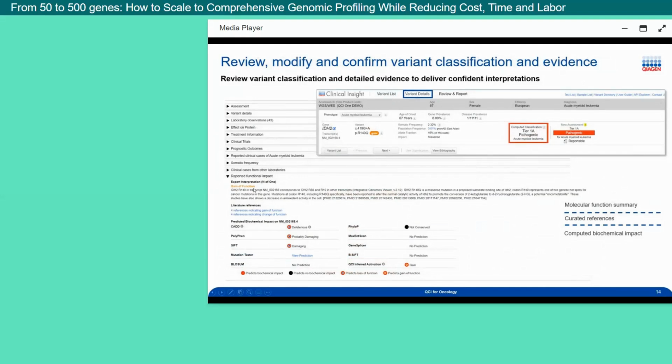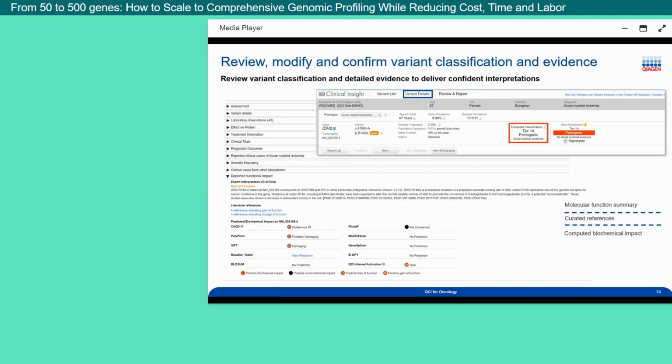For each alteration that is detected in a patient's profile, QCI provides a one-stop shop organized in several expandable sections for you to review the detailed information about the alteration in the context of the user-submitted phenotype. In the interest of time, I'm not diving deeper into each of these sections, but I want to point out two major sections.